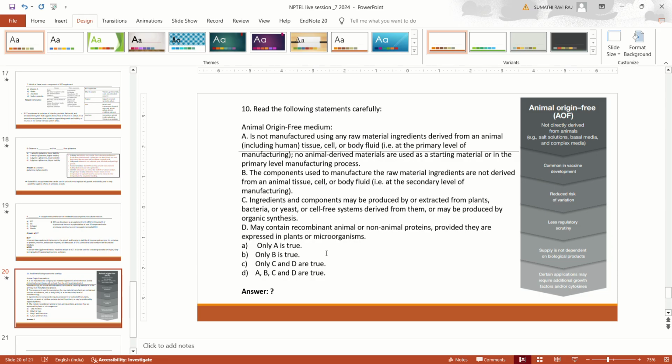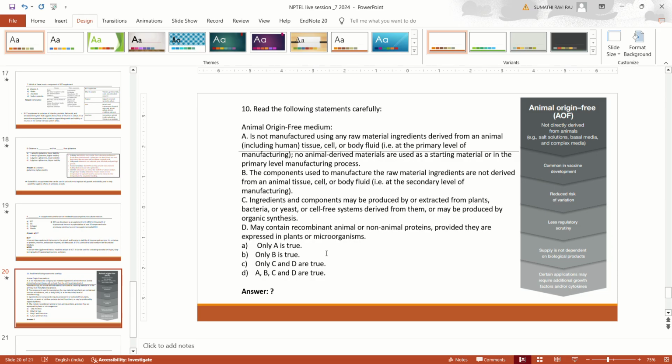That is even at the secondary level of manufacturing. C. Ingredients components may be produced by or extracted from plants, bacteria, or yeast, or cell-free systems derived from them, or may be produced by organic synthesis. D. May contain recombinant animal or non-animal proteins provided they are expressed in plants or microorganisms.